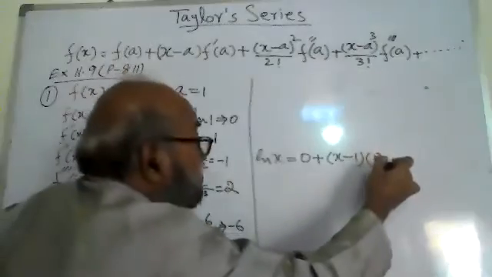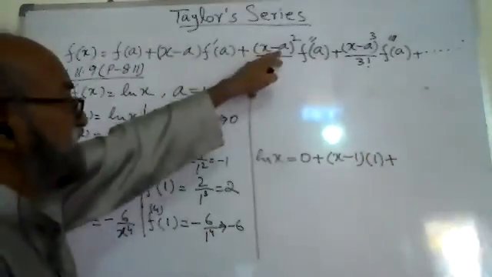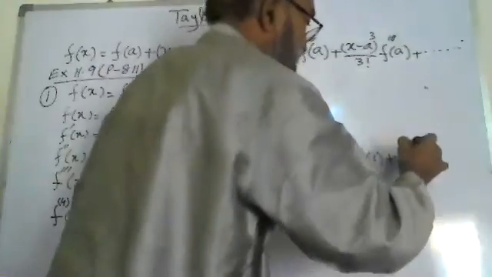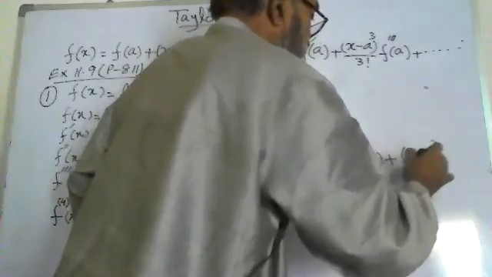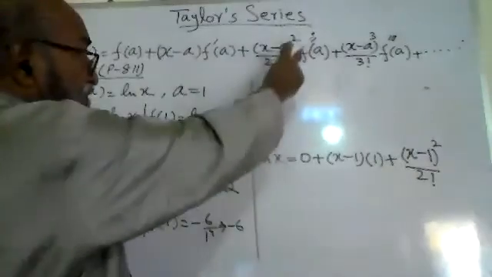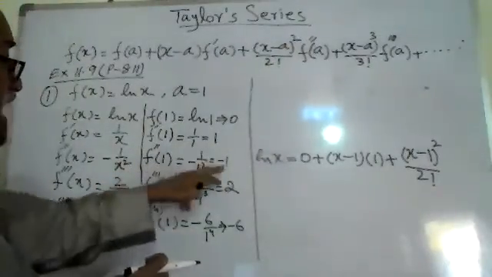Plus x minus a whole square upon 2 factorial, x minus 1 whole square upon 2 factorial, into f double dash a. f double dash a is minus 1.